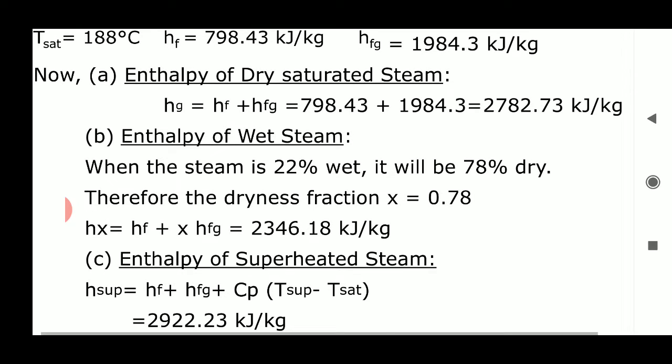Then further, after dry saturated, when the steam is superheated, what is the enthalpy? That is the enthalpy of superheated steam. It is given by HF plus HFG plus Cp into T superheat minus T saturation. Cp is given as 2.25 in the problem.